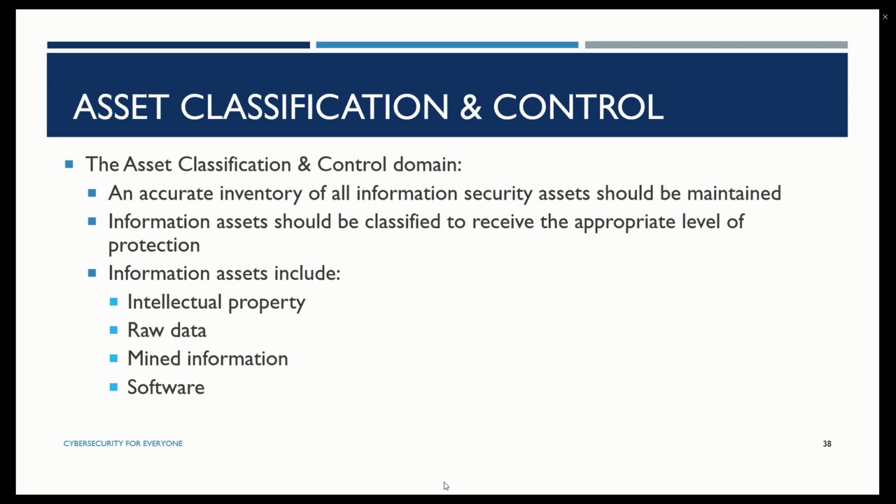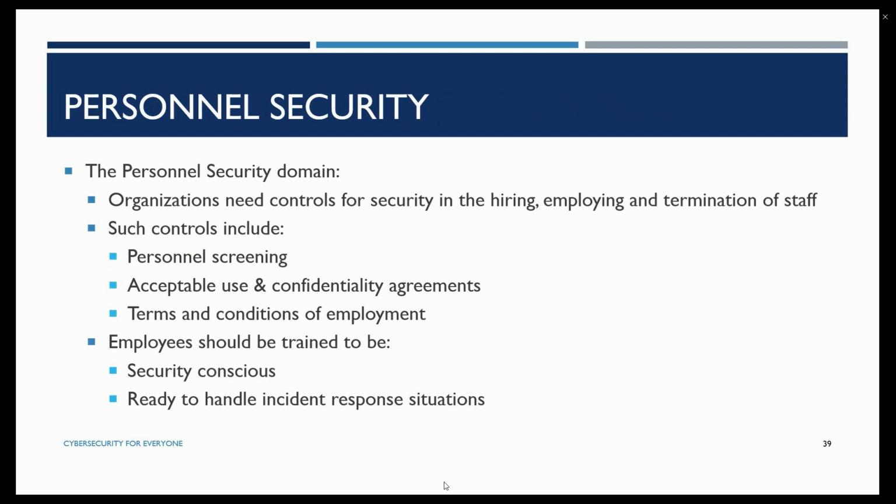The asset classification and control domain, which is created to establish an accurate inventory of all information security assets. The personnel security domain, which looks at how organizations need to control security in the hiring, employing, termination, onboarding, offboarding of employees, personnel screening.